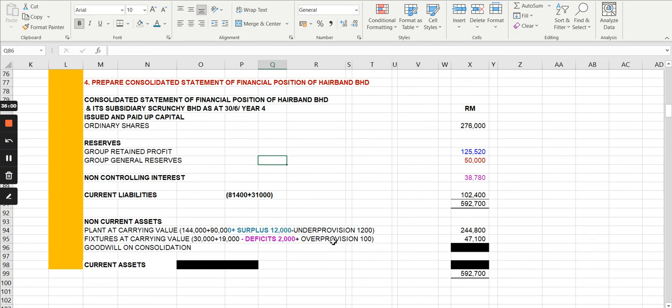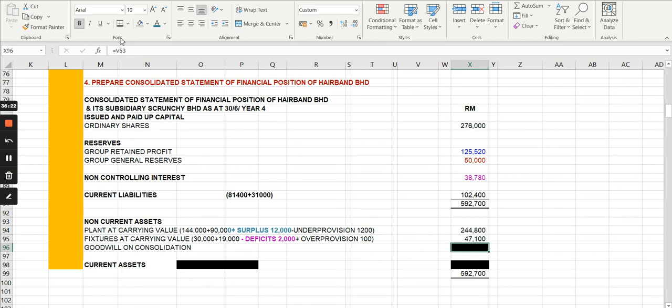Okay, the overprovision you are going to add, because you have already adjusted the retained profit and you go and debit to your fixtures account. Earlier on, you go and credit to the retained profit. So you have 41,100.